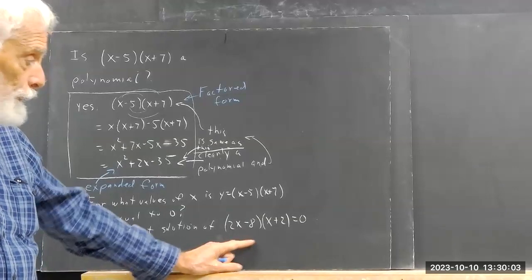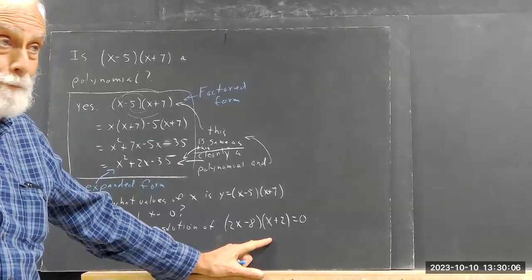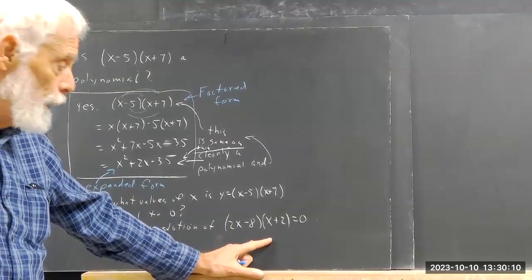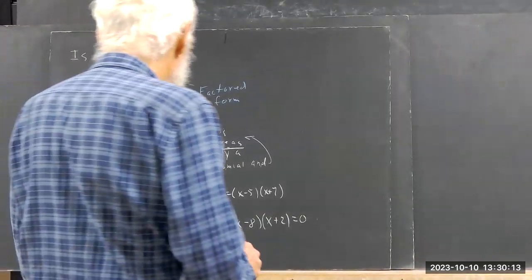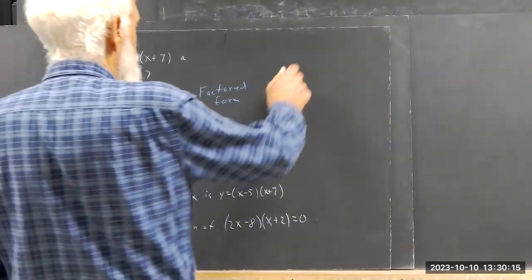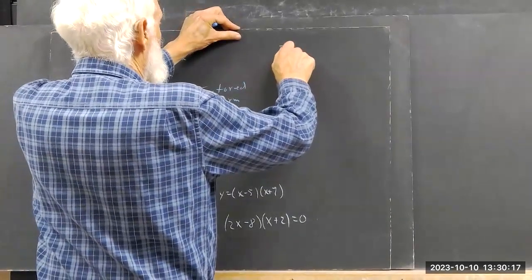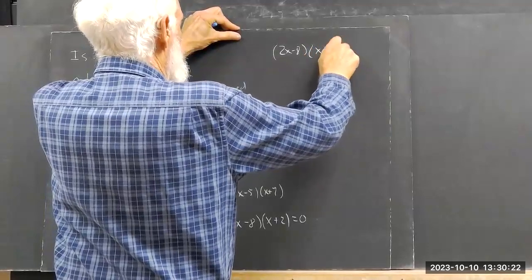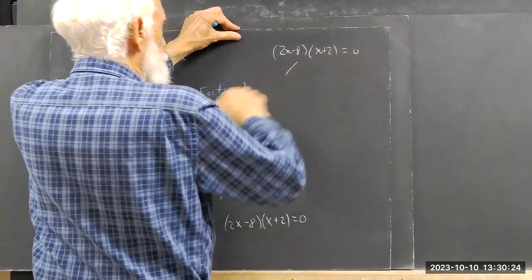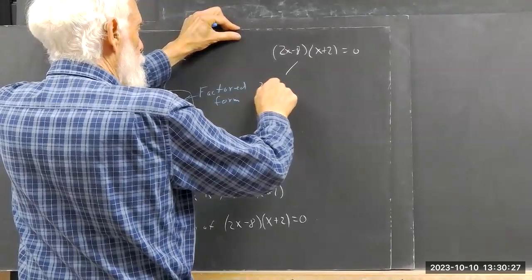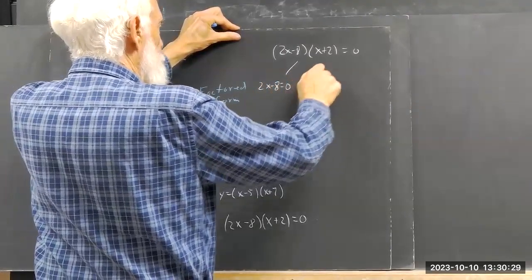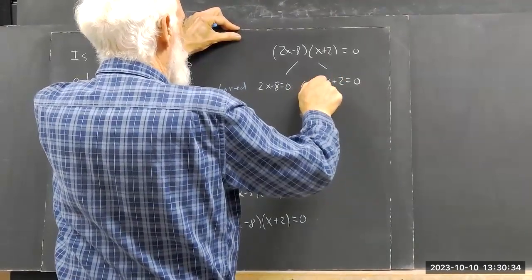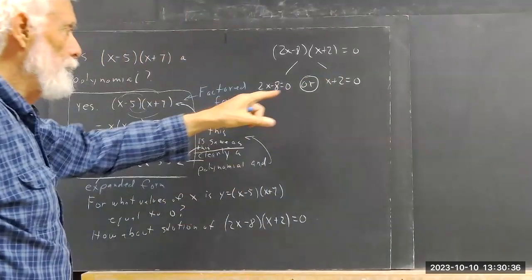Well, is there a number that makes that 0? Negative 2, right? Well, we can be a little more formal about this. Like with absolute values, it splits into 2 equations. 2x minus 8 equals 0. x plus 2 equals 0. And there's a big "or" between them. It could be this, or it could be that.